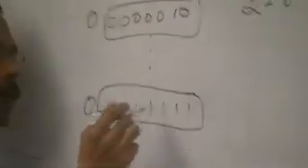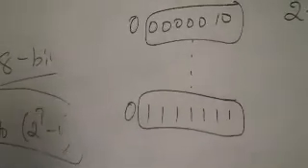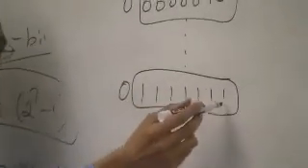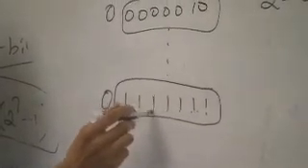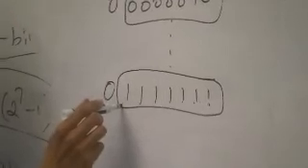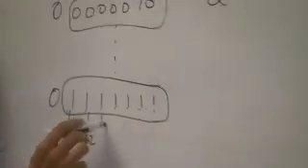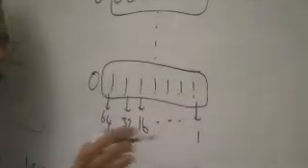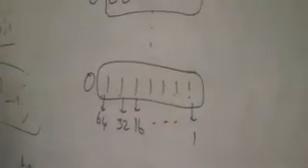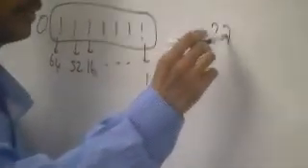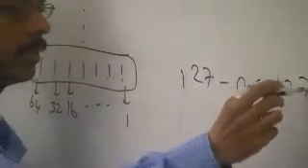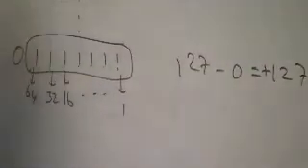This is going to be how much? 127, right? If you add all of this, 1 plus 2, 4, 8, 16, 32, 64, so 64 plus 32 plus 16 all the way to 1 adds up to 127. So it is 127 minus 0, which is plus 127.